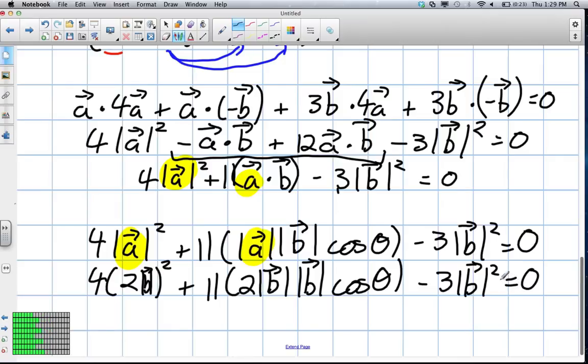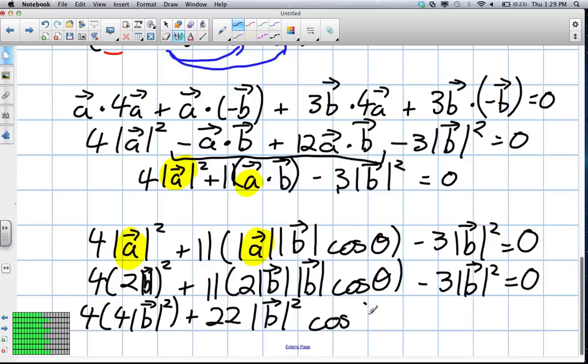Now we can start simplifying the middle. First of all, this in here is going to become 4 times 4 absolute value of B squared, plus we're going to do 11 times 2, which will give us 22, and this again becomes absolute value of B squared. We're doing a B times B, but it is also multiplied by cos theta.